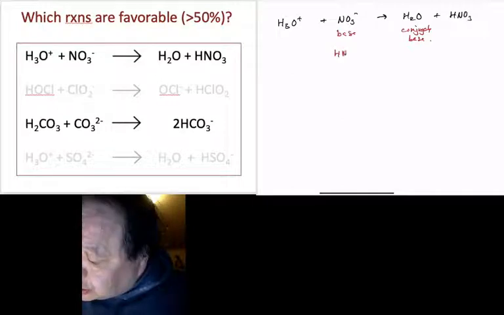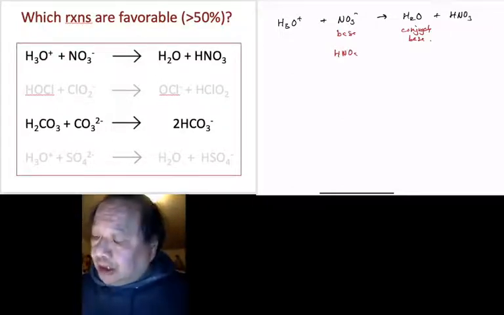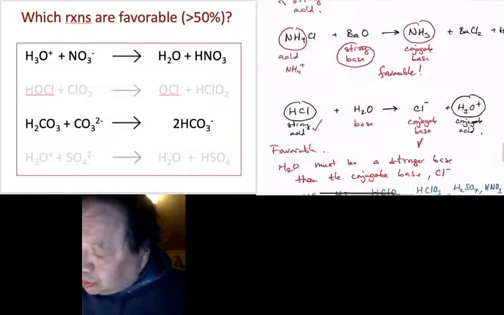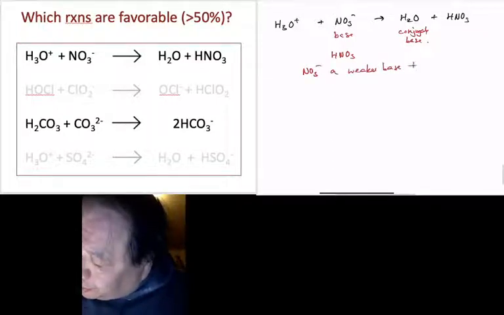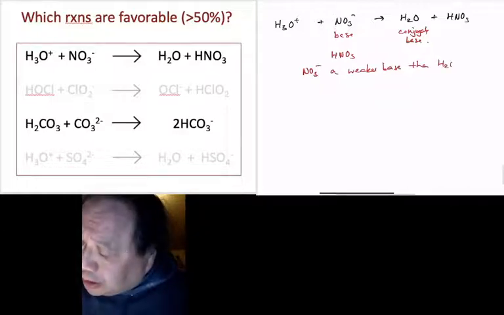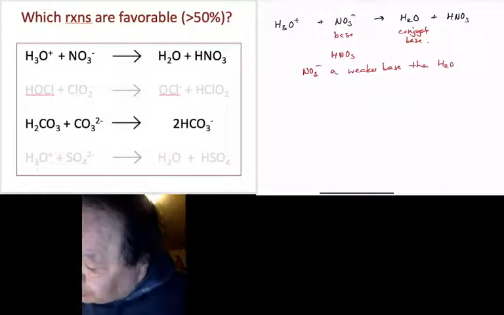It's the conjugate base of HNO3, and therefore this NO3 minus is a weaker base than water. The reaction is not favorable.